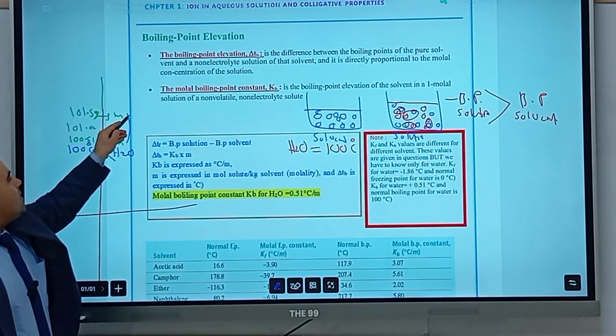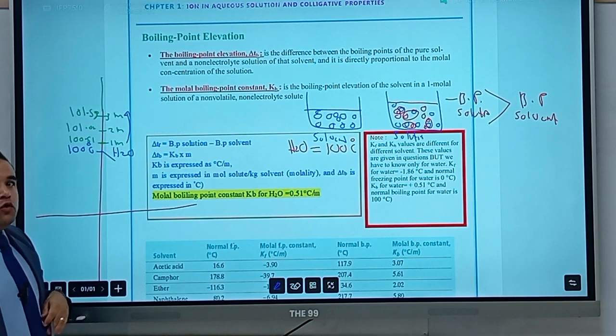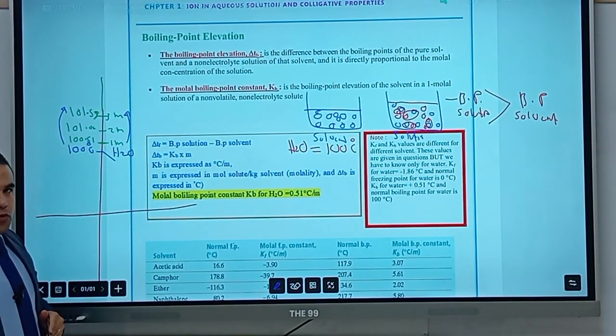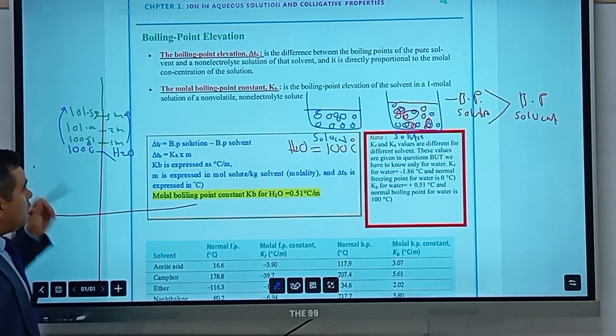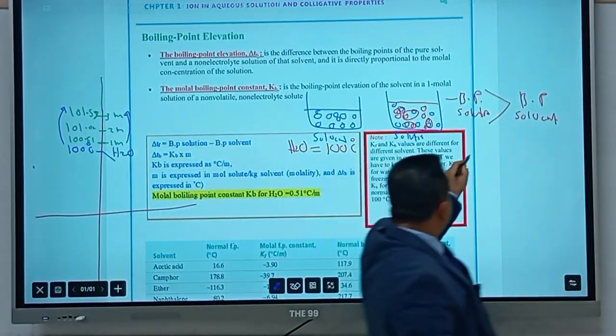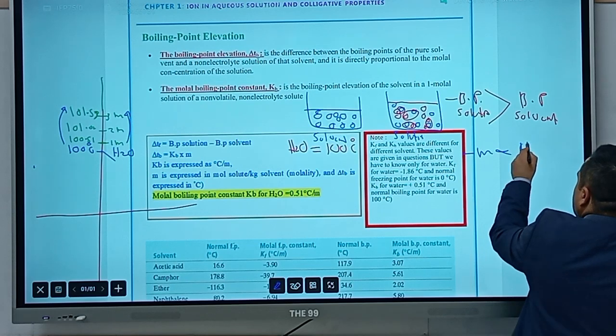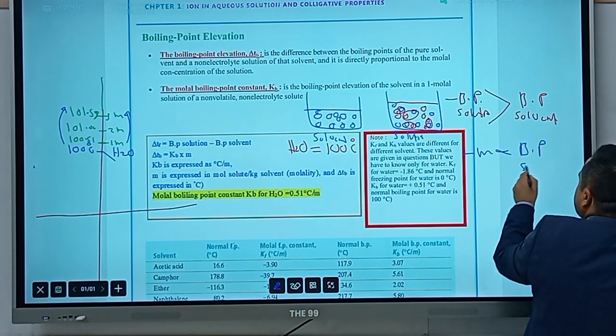So let us draw a relation between the molarity and the boiling point. As you can notice, as the molarity of the solutions increases, what happens to the boiling point? It increases too. So let us say that the molarity is directly proportional with the boiling point of solutions.